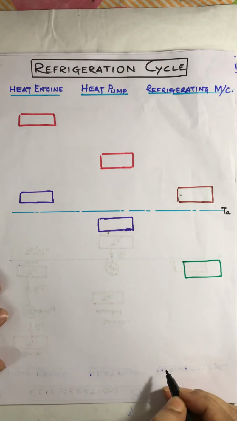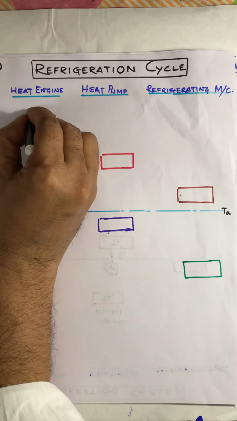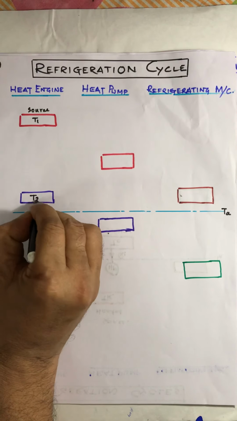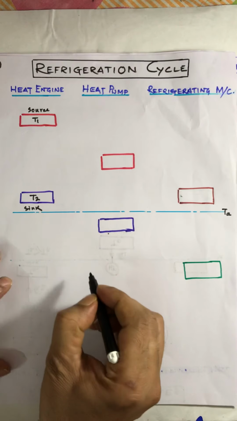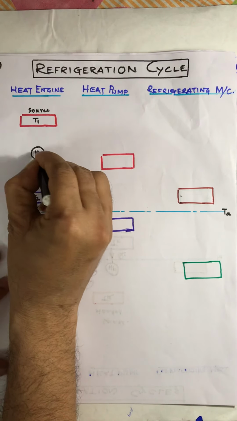What is a heat engine? As we know, a heat engine is the device which will produce some work at the expense of heat. Say this is the source of T1 temperature and this is the sink of T2 temperature. Between these two there is a heat engine.